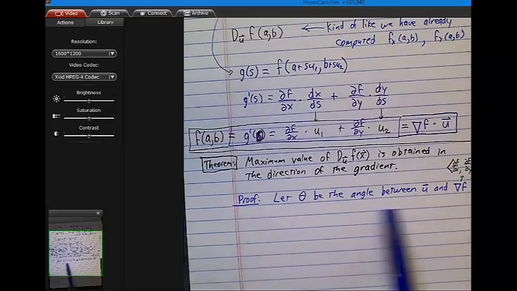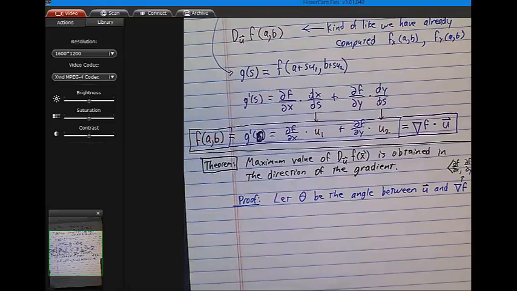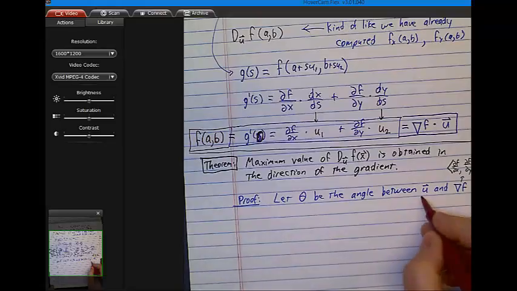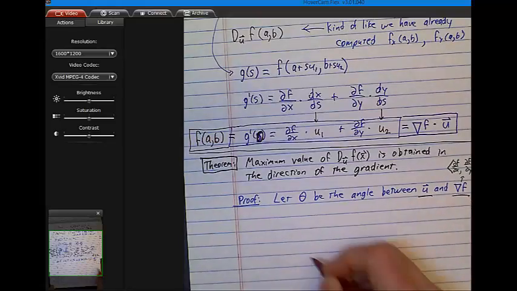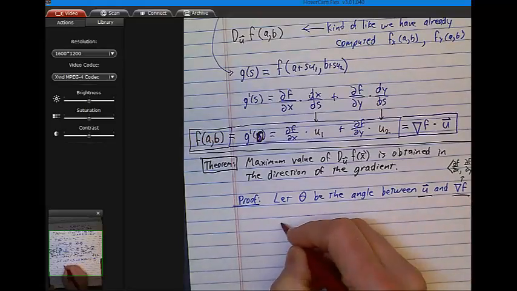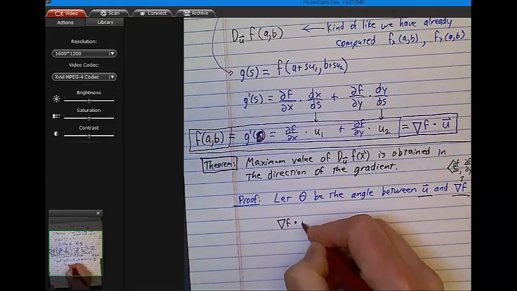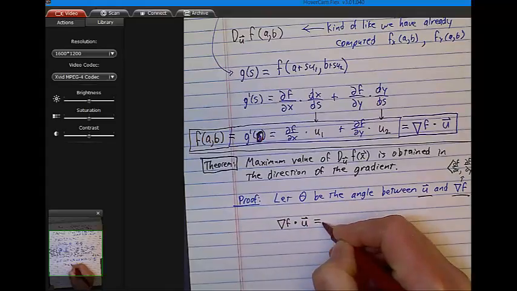Let theta be the angle between these 2 vectors. What do we know about angles? This was part of your exam. I had you do one proof on the exam. It had to do with angles. So how do you talk about the angle between 2 vectors? Do you guys know a formula? The dot product, right. So if we dot these two, grad f dot u has to equal what?